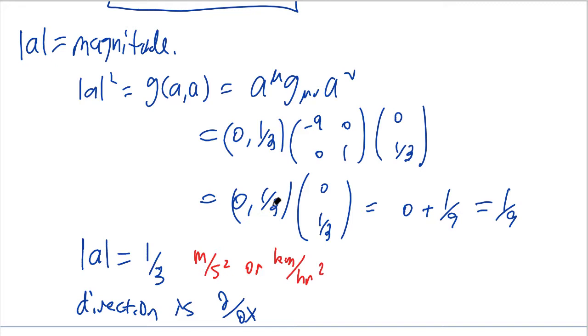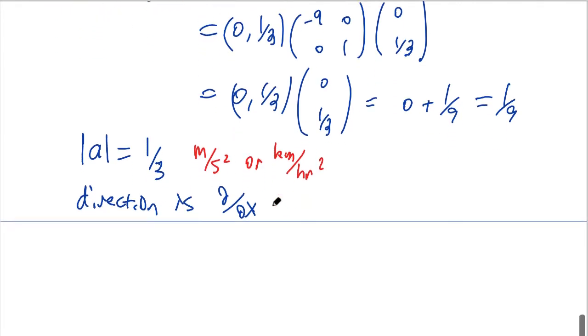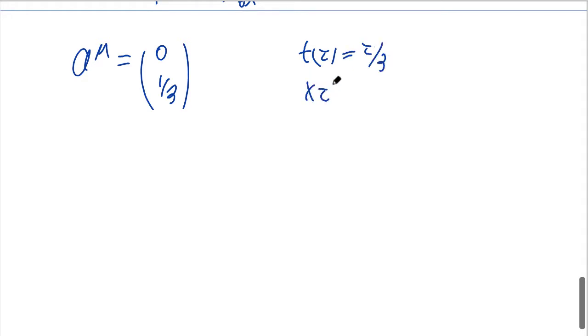Now one thing you should notice, let me write down once again the components of the acceleration vector in this example were 0 and 1/3. And the world line was given by t of tau equals tau over 3, x of tau equals 3. So that tells us that the components of the velocity are dt by d tau is 1/3, dx by d tau is 0.